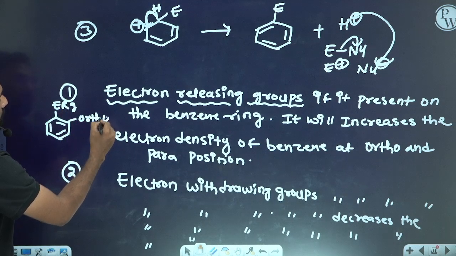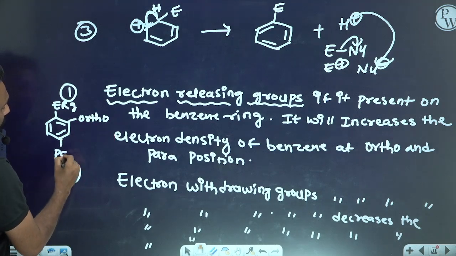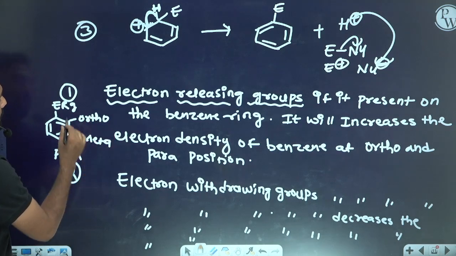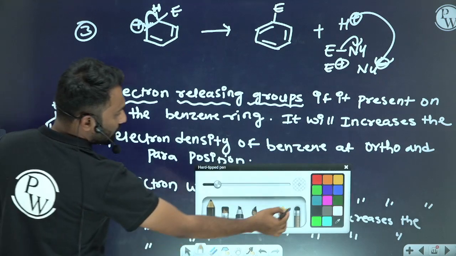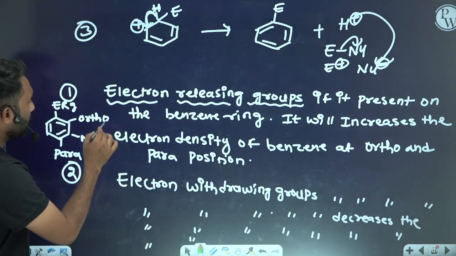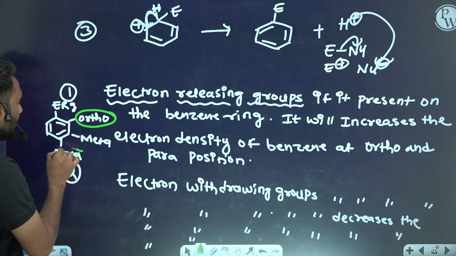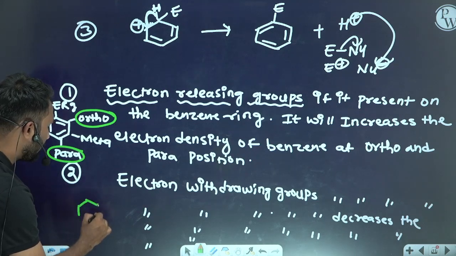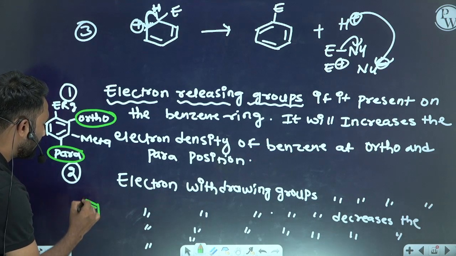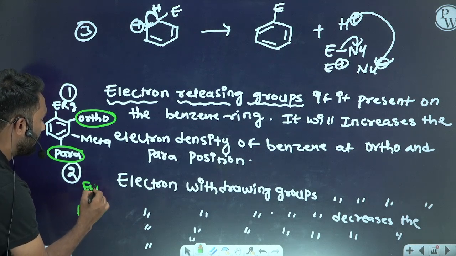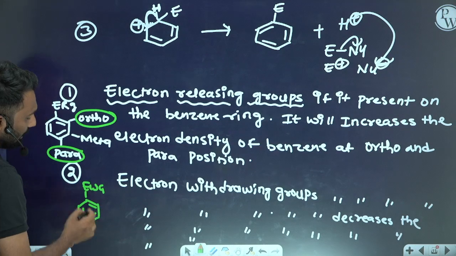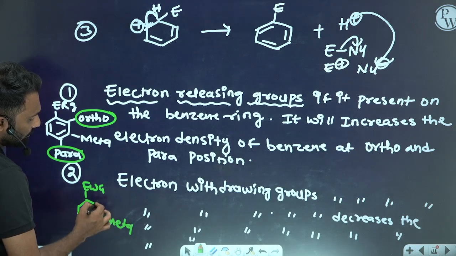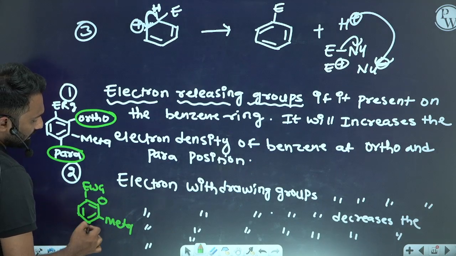This is the ortho position, now this is the para position, and this is the meta. So if electron releasing groups are present, it will increase the electron density at the ortho as well as the para. Okay? Now if electron withdrawing groups are present, it will increase the electron density at the meta and it will decrease the electron density at ortho and the para.